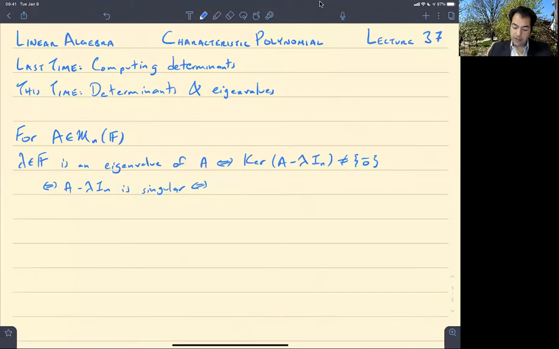And from last time, we know that that's the same as saying that the determinant of A minus lambda times the identity is equal to 0.